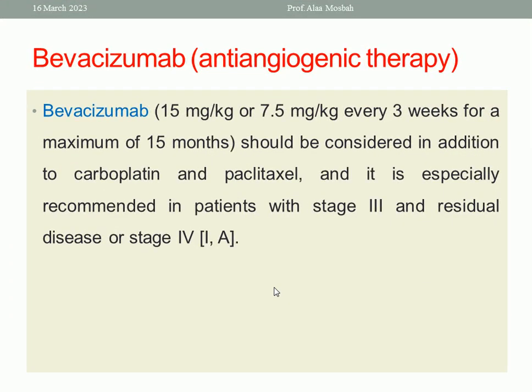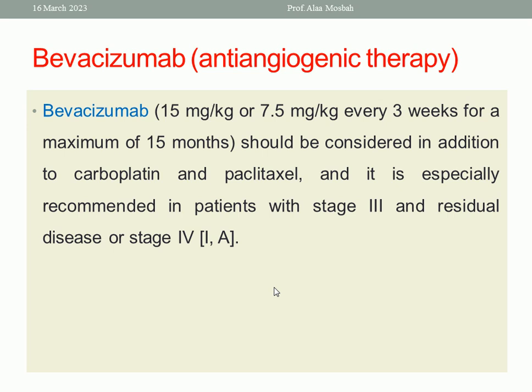Okay, let us go to one of the anti-angiogenic therapies, bevacizumab. The dose of bevacizumab is 15 milligrams per kilogram or 7.5 milligrams per kilogram every 3 weeks for a maximum of 15 months, in addition to carboplatin and paclitaxel.